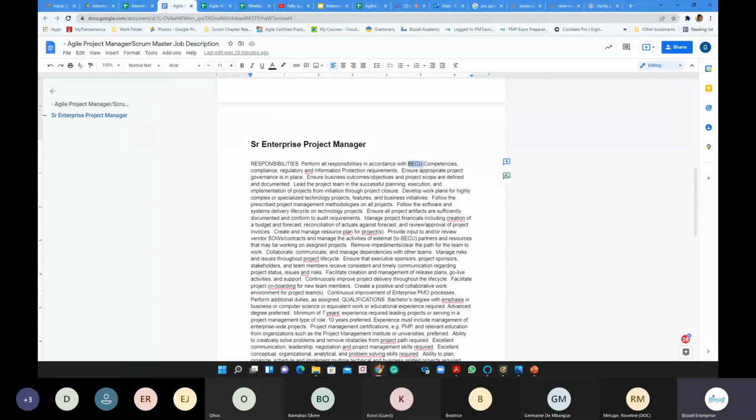Does that make sense? Not only does he oversee all that, he also reports to the leadership to tell them, hey, this is where we are, this is where we are going. So the project manager oversees the entire thing. The product manager is part of the project. A project manager can have multiple product managers. It depends on the nature of the product.